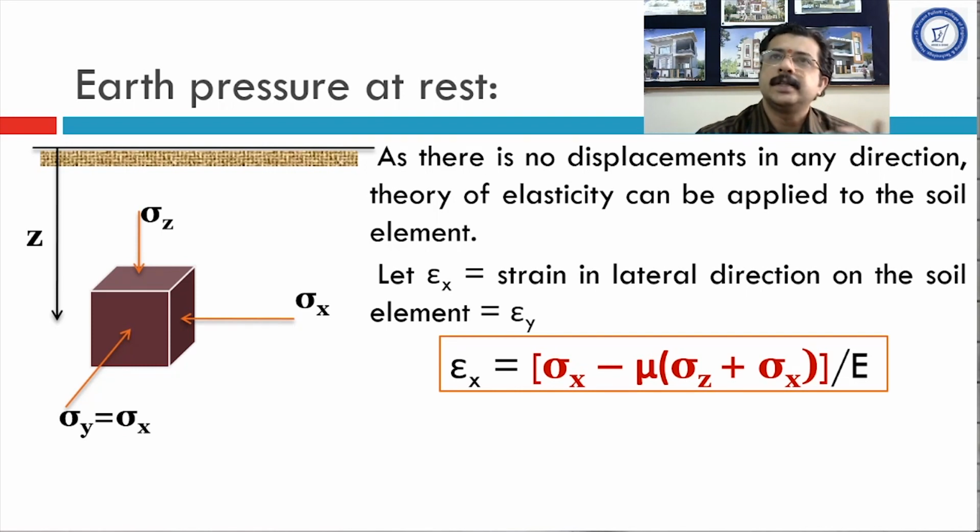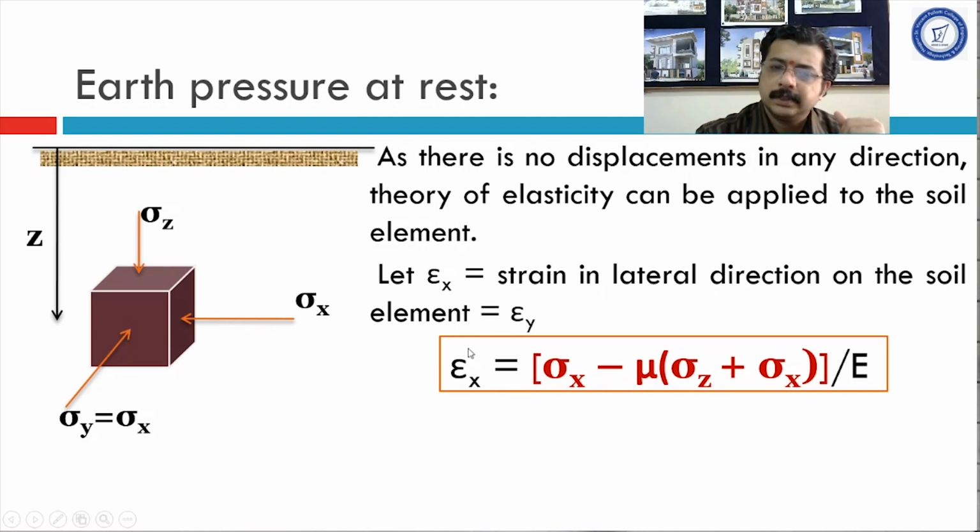Modulus of elasticity is nothing but stress upon strain. Hence whenever we want to find strain, we have to rearrange the terms. After rearranging, we will get the stress in the numerator and modulus of elasticity in the denominator, right? Accordingly, this has been written.